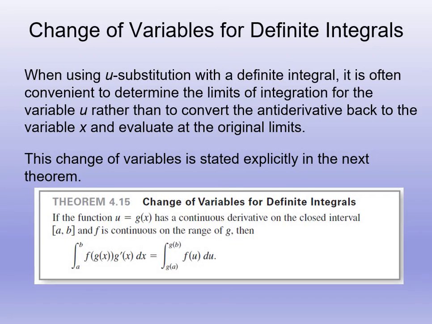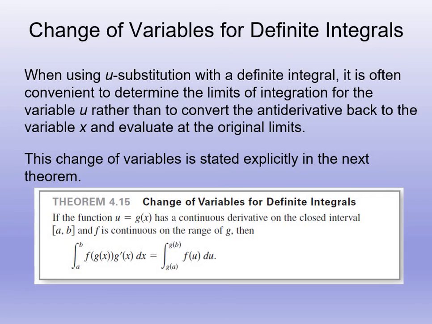So those two limits, a and b of integration, are going to have to become g of a, g of b. So whatever we choose for u, we have to put in those limits, and we're going to have new limits of integration. Since we're doing change of variables, you have to change your limits based on that.